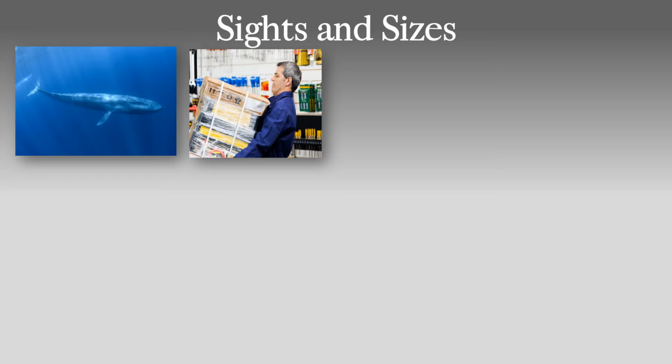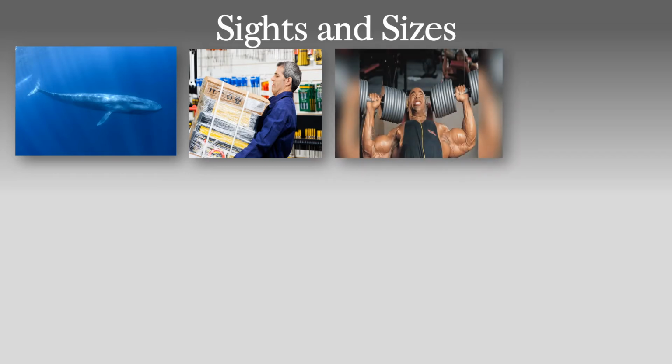No. Okay, let's look at picture number 3. Oh, this man is lifting weights. Wow. So, the blue whale, the boxes, and the weights. What are these things? What word would you say? They are heavy. Yes, heavy.